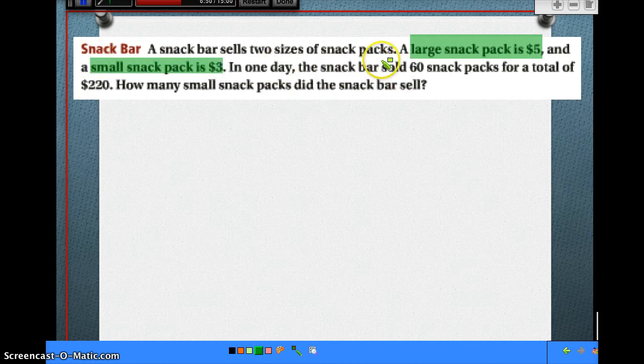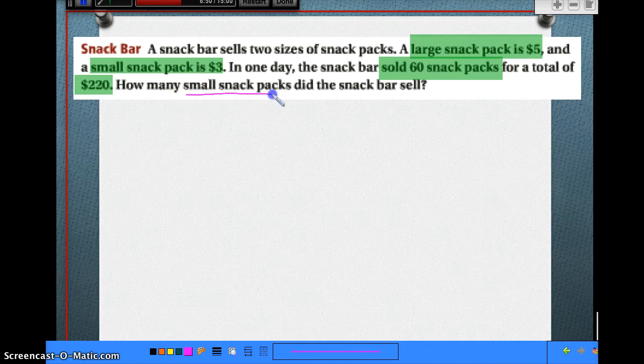In one day, the snack bar sold 60 snack packs for a total of $220. How many small snack packs did the snack bar sell? Well, let's go ahead and let x equal the number of small snack packs.